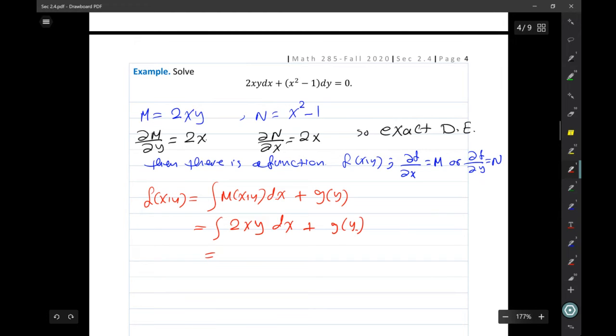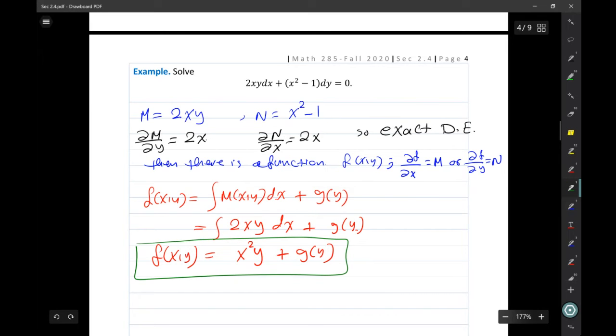What's the integral of 2xy with respect to x? It is x squared y plus the function g of y. So this is your function f of x, y. Okay?